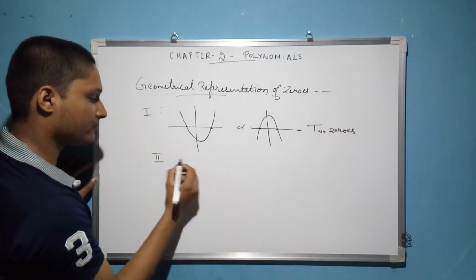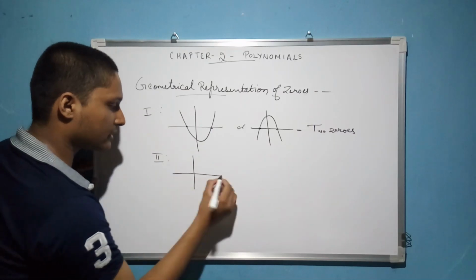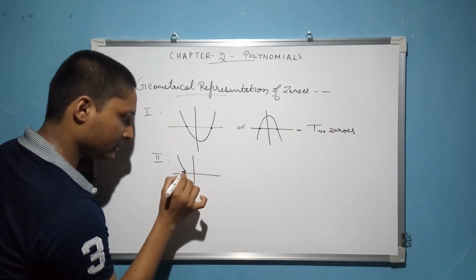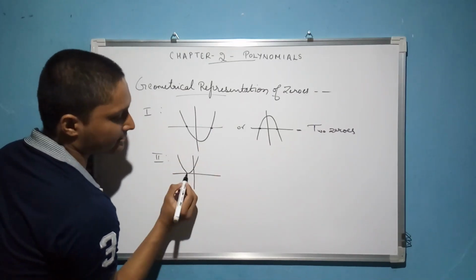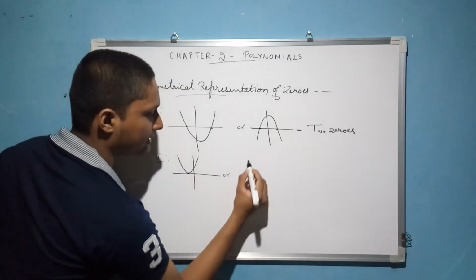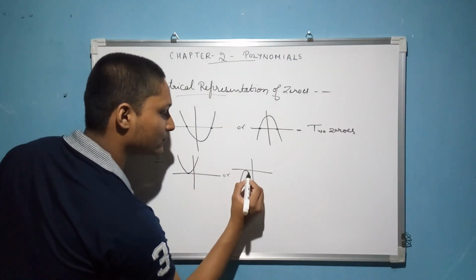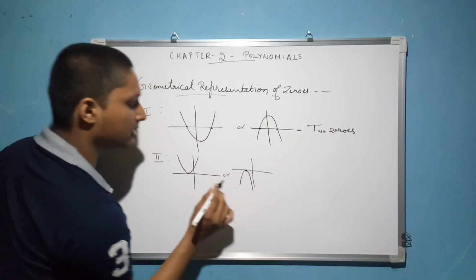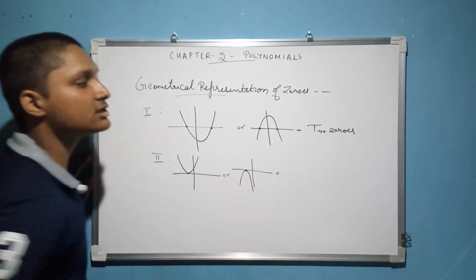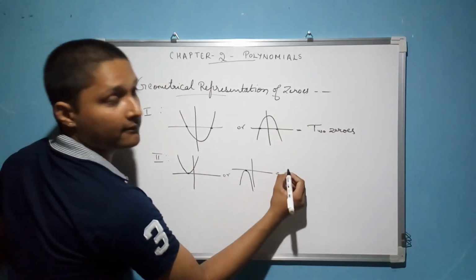Next case: when you have a graph just like this, it just touches the x-axis at 1 point, or it can be in the negative direction also. It just touches at 1 point, and such graphs have only 1 zero.